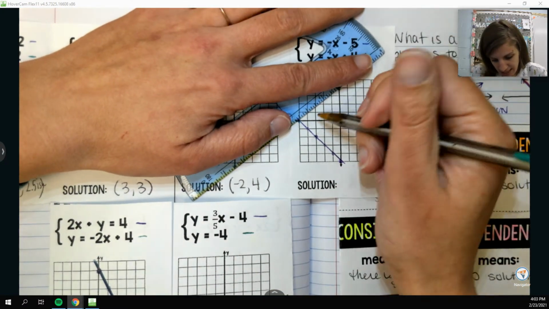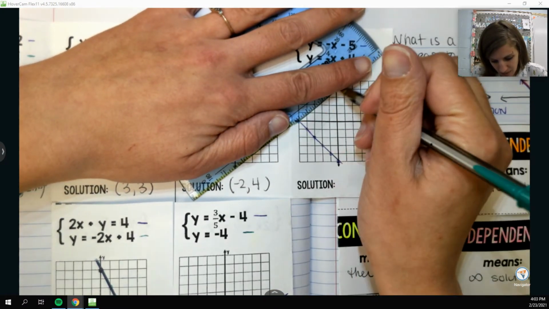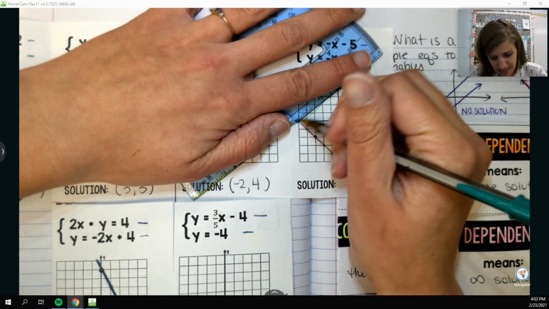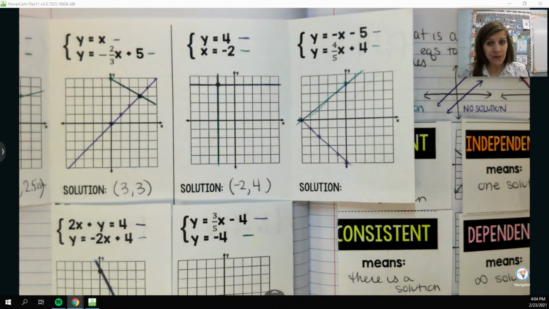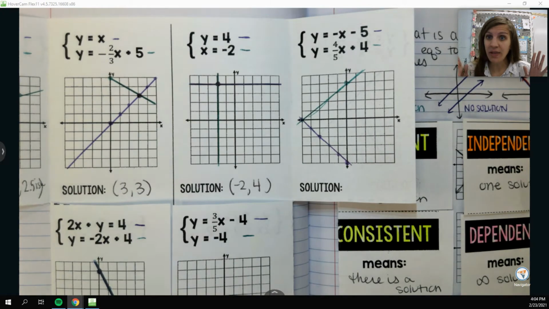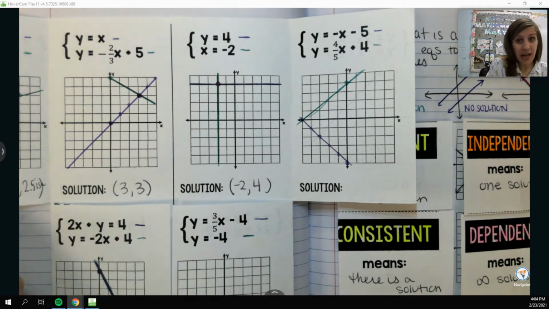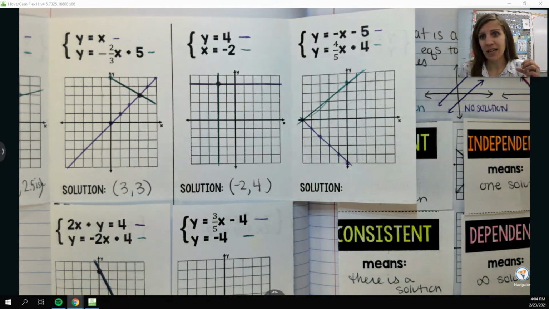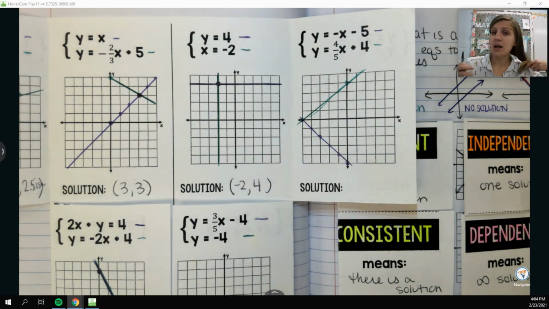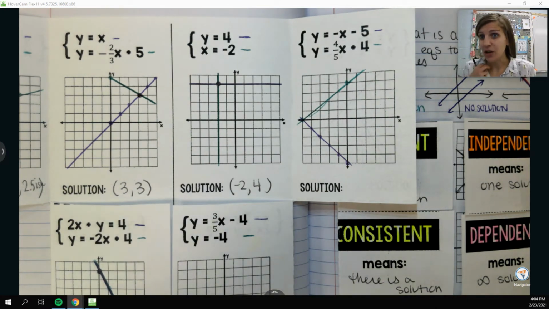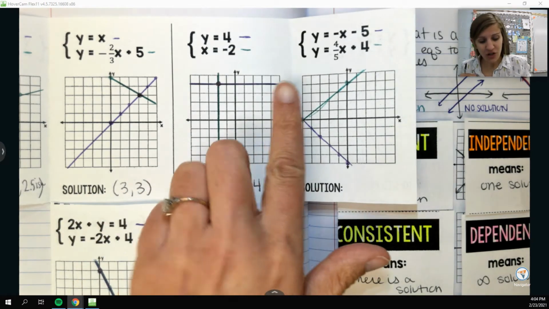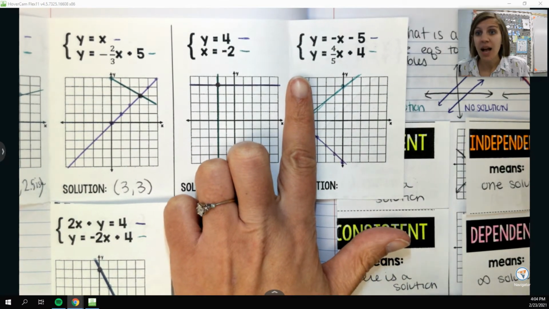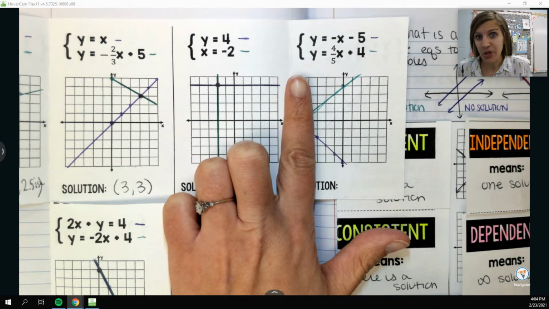Which is worth saying: just because you can't see where they cross, if you know they're going to cross, they will have a solution. So that could be real tricky. And that's another reason why solving a system by graphing isn't necessarily great. Because if this graph had just been a little bit smaller, I may not have seen where my solution was.